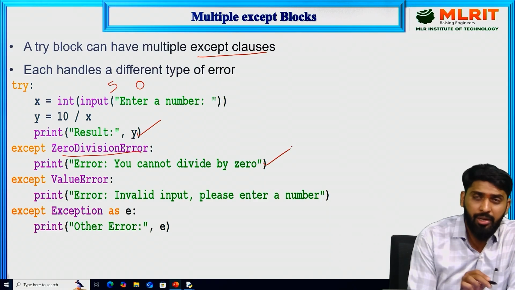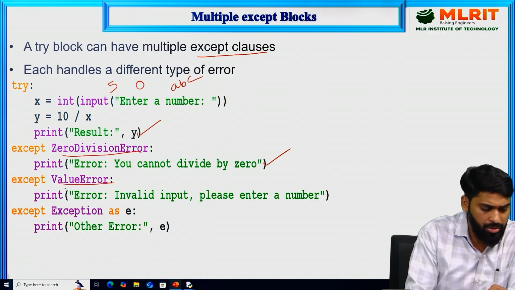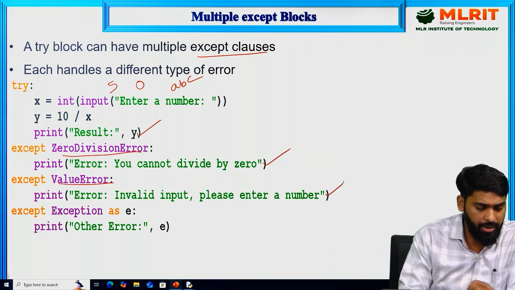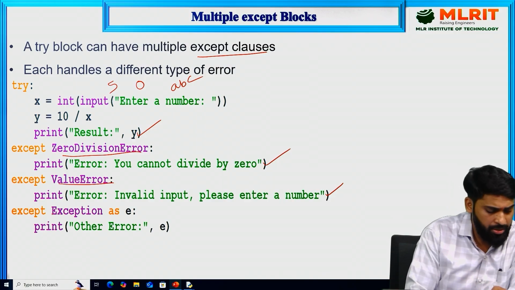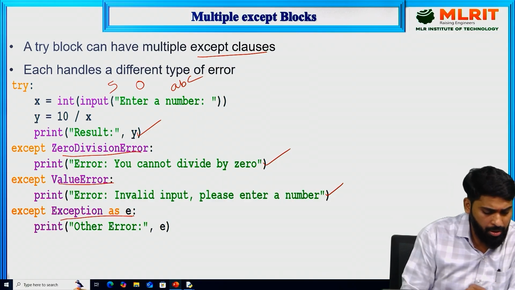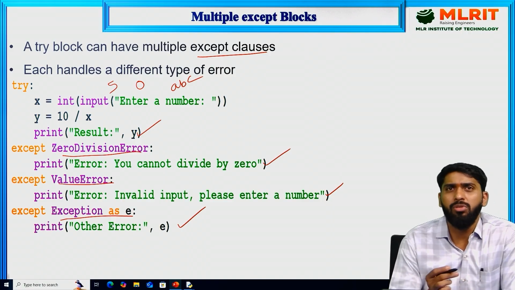If I enter text, for example ABC, this leads to a ValueError, and this except block can handle the ValueError. Other than these two, if any other error happens, the last except block will handle it. In this way we use multiple except blocks in Python.